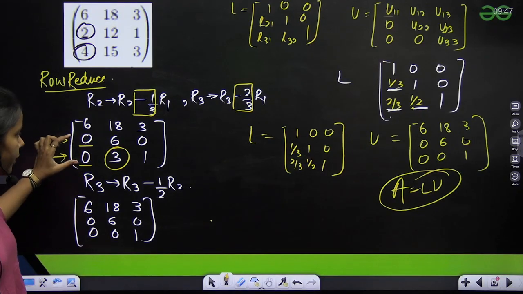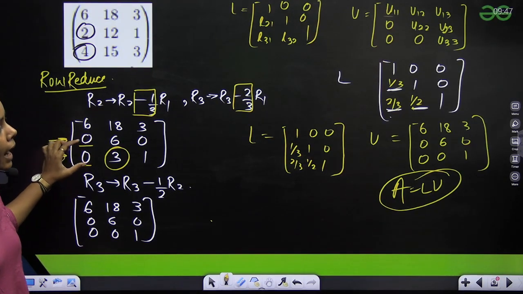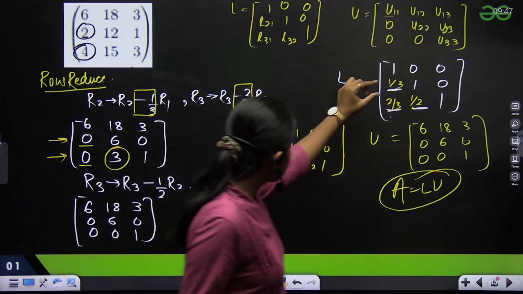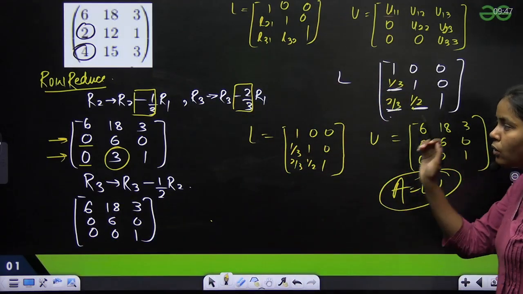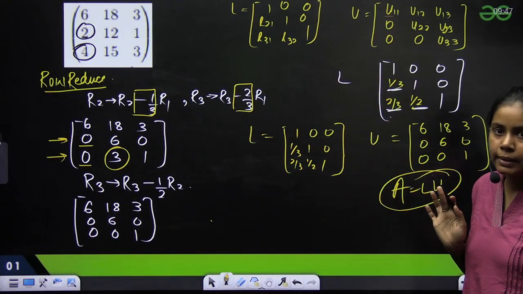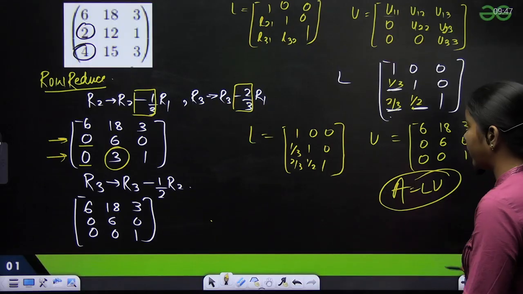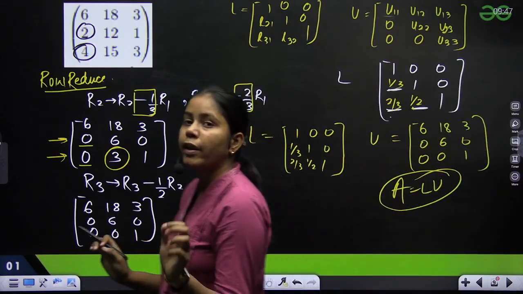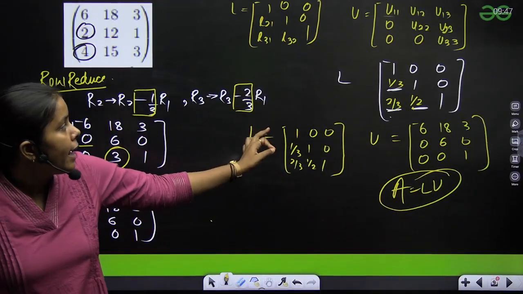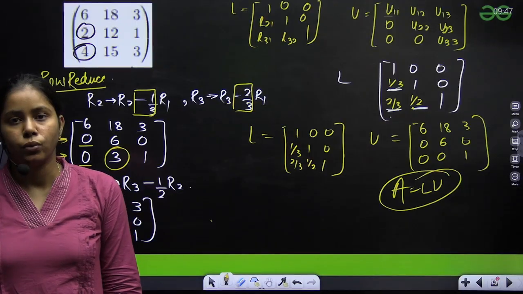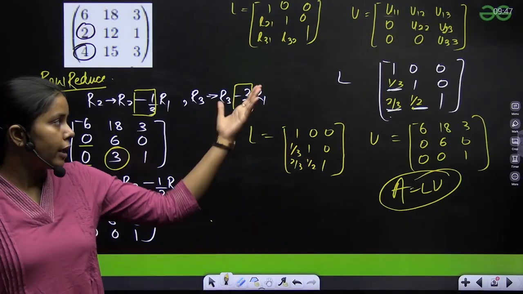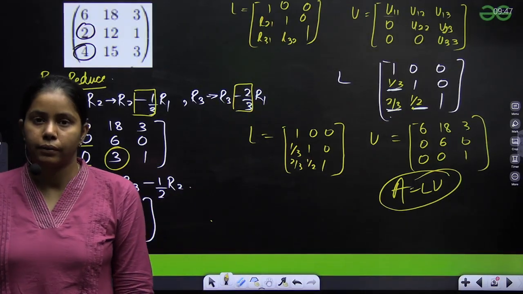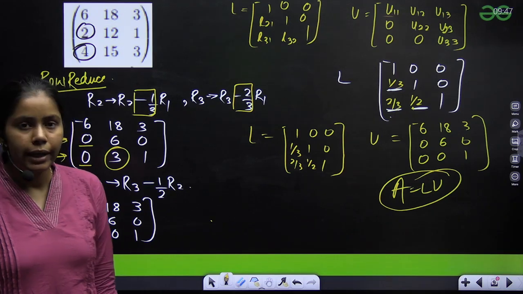Whatever operations I use to row reduce it, I'll add those operations in the lower triangular matrix. So I get the lower and upper triangular matrices. We have only discussed the case where the diagonal entries of L are 1 and the diagonal entries of U can be whatever, with no condition on them.